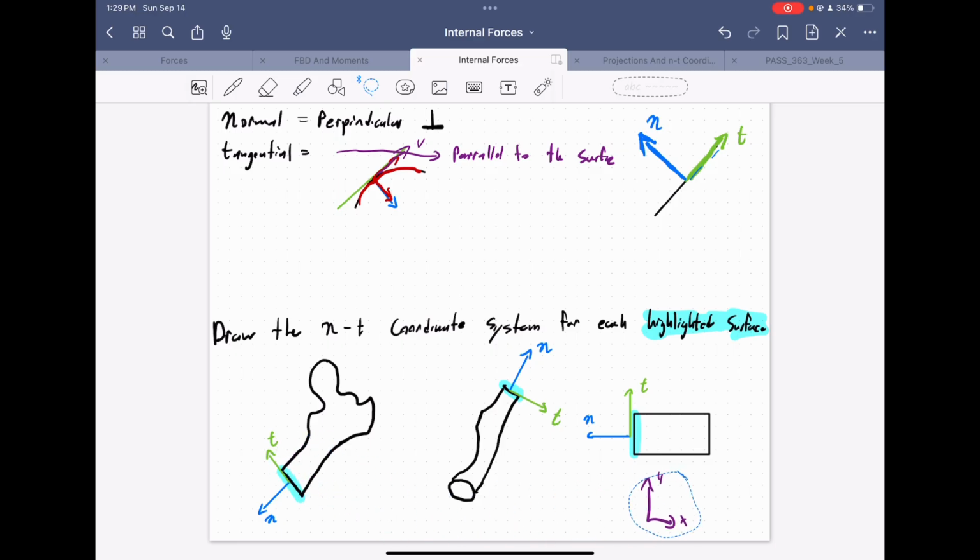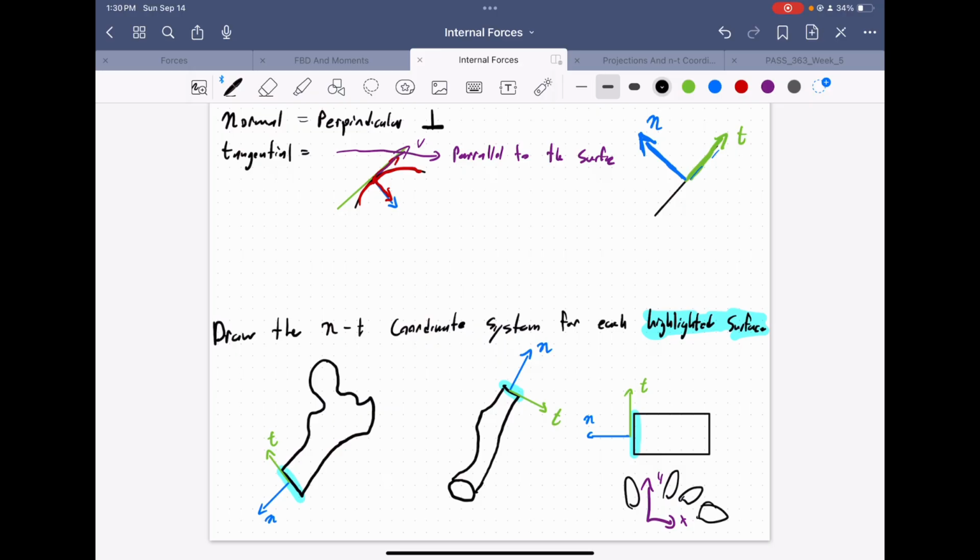So having these NT coordinate systems allows us to standardize our coordinate system to the object we're looking at so we can compare between bones. Because if we just used X and Y, then depending on the orientation of the bone, we're going to get different answers.